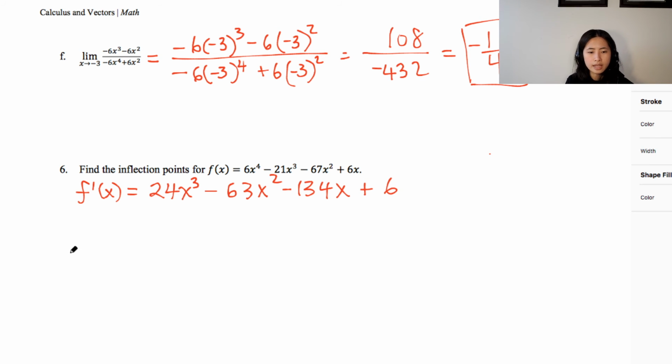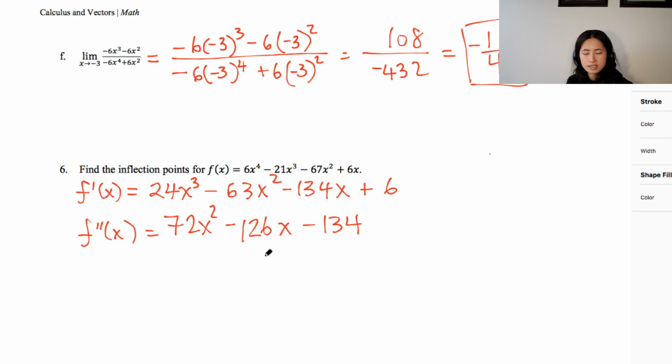Since we found the first derivative, we're supposed to find the second derivative. Again, we apply the power rule. 24 times 3 is equal to 72x squared, minus 63 times 2, so this is 126x, and you have minus 134. So that's the second derivative.